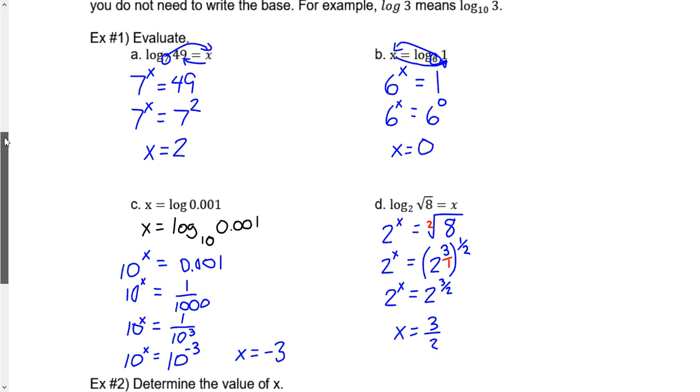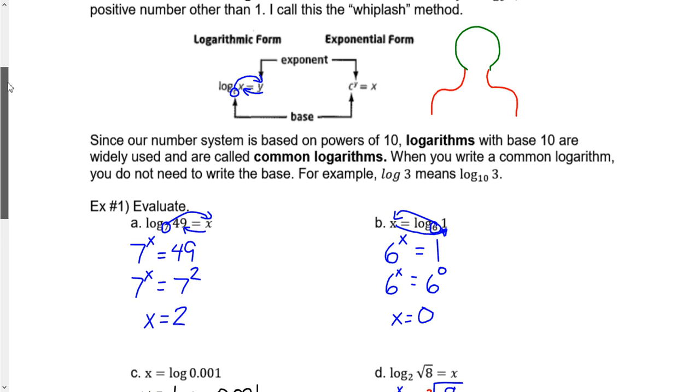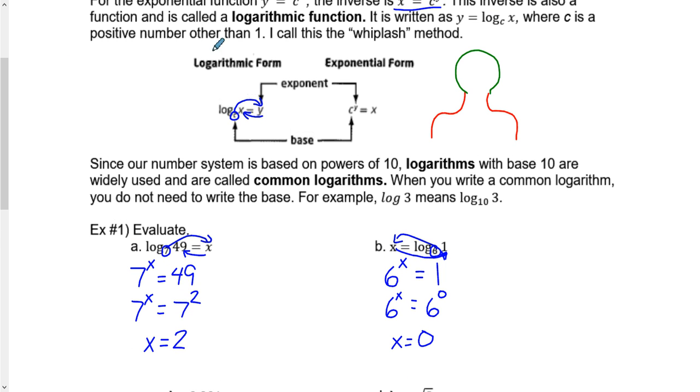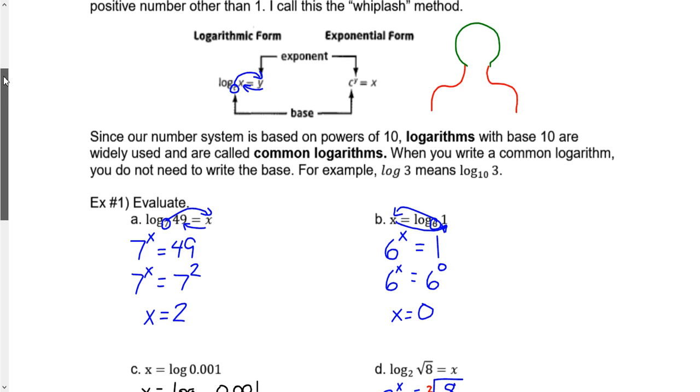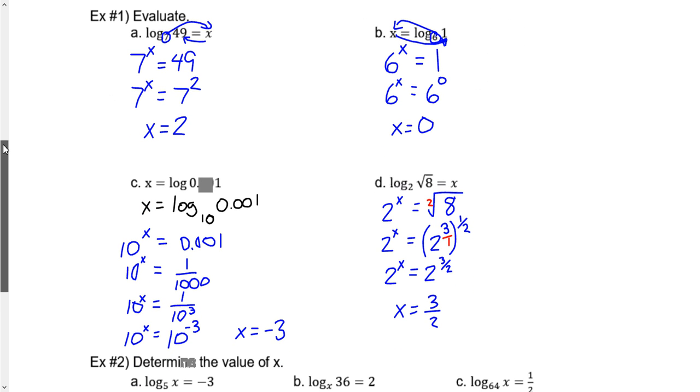So I did allude to this idea. We can't really have that base, that c value, being 1, because it's just going to be redundant. It's just not going to work.